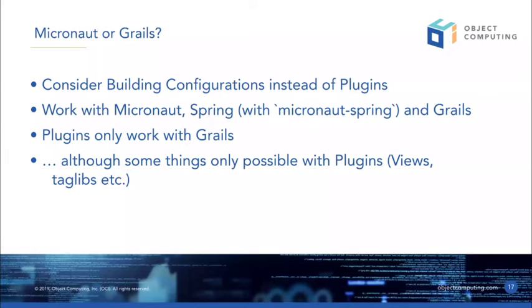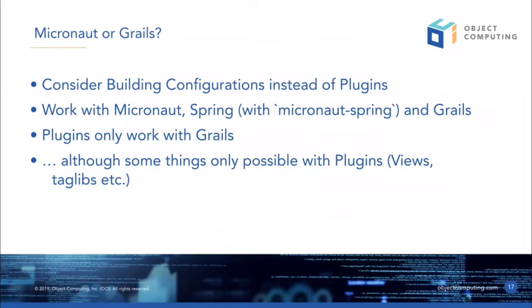So we would encourage you to build configurations instead of plugins, because plugins only work with Grails, whereas configurations can work with Grails, regular Spring apps, and also Micronaut. So you can have a singular code base, and if you have some Grails apps and some Micronaut apps, you can use it in both, right? Which is great. There are also some things that are currently only possible with plugins.